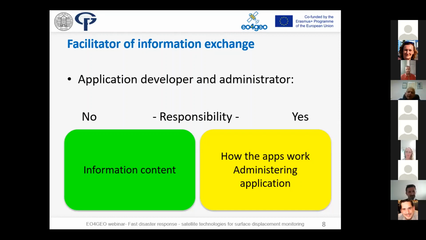Our responsibility, however, is for the functionality of the application, so how the application will work, and also for administering the application.